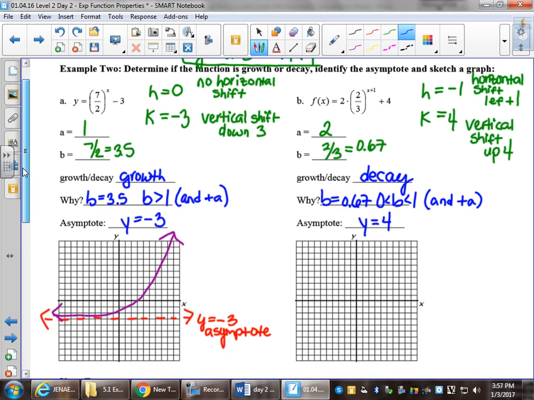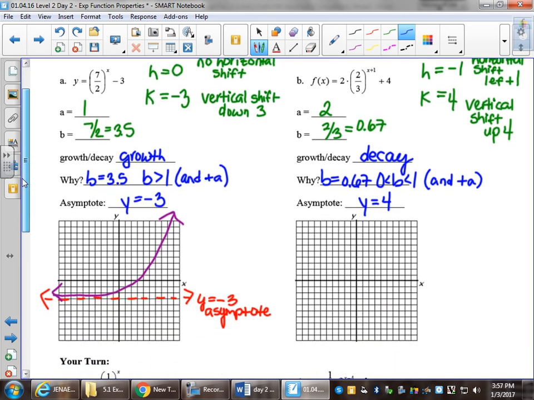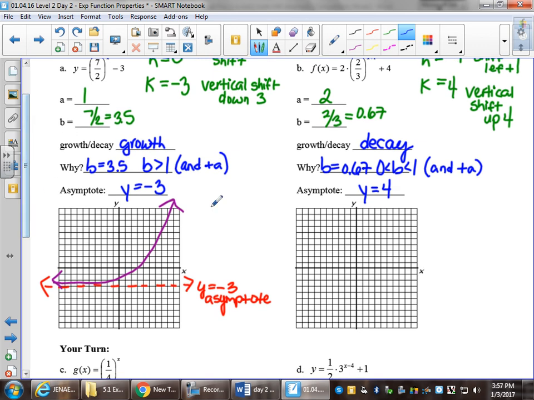And again, to do our sketch, the only two pieces of information we're going to use to draw a rough sketch is our asymptote, first of all. So I go 1, 2, 3, 4 right there, and I'm going to draw a horizontal dotted line and write y equals 4 asymptote. This is decay.